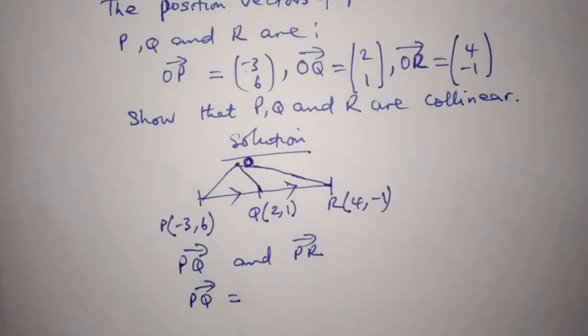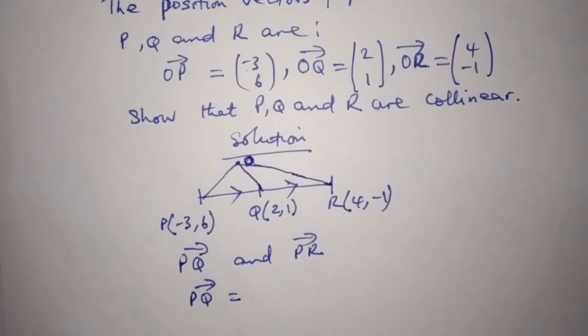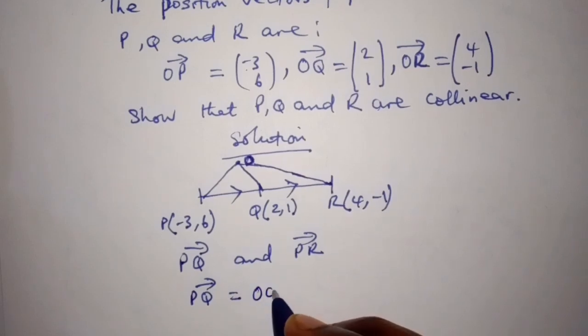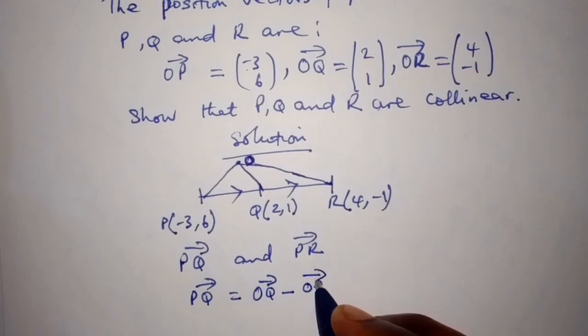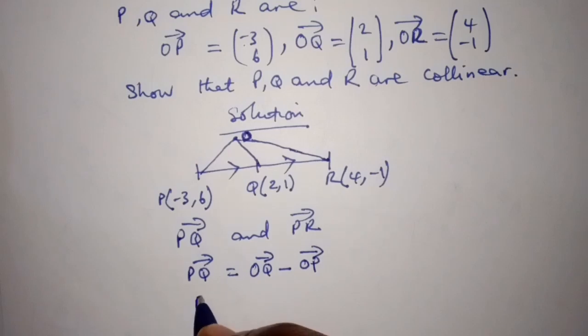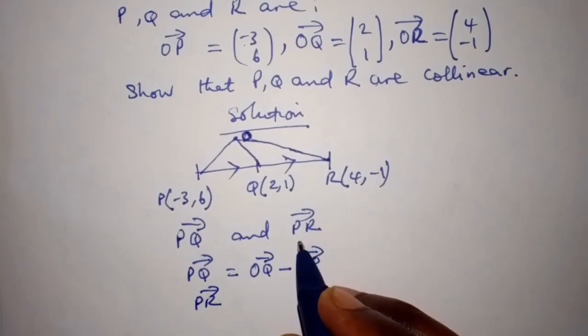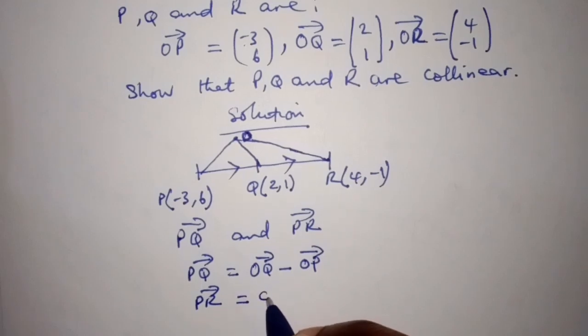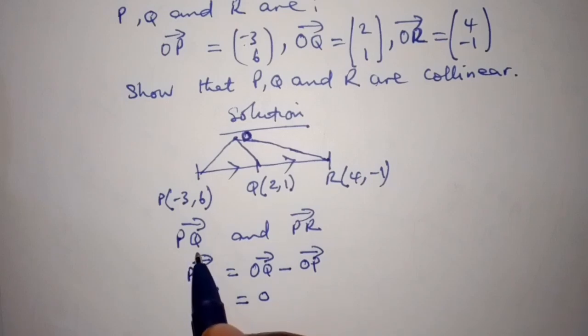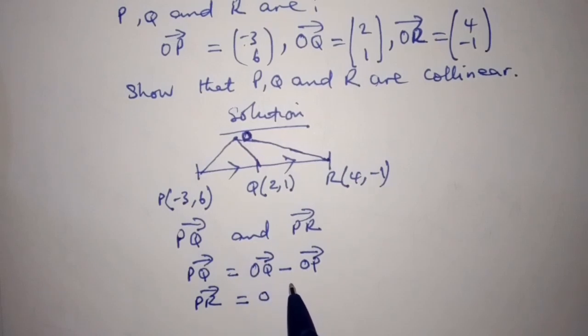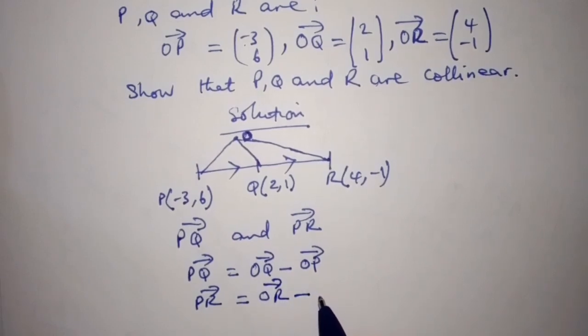So now we can say that vector PQ is given by vector OQ minus vector OP, and vector PR is given by vector OR minus vector OP.